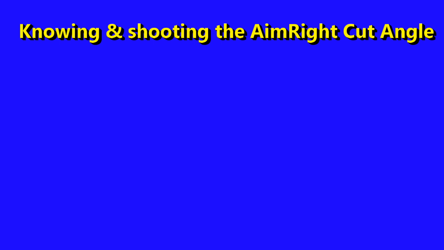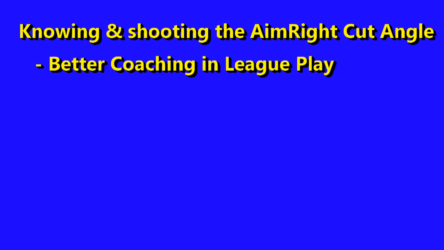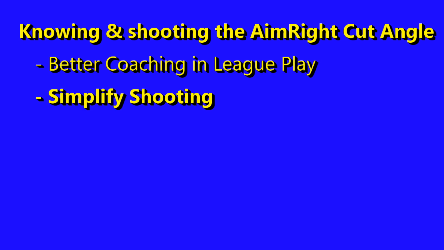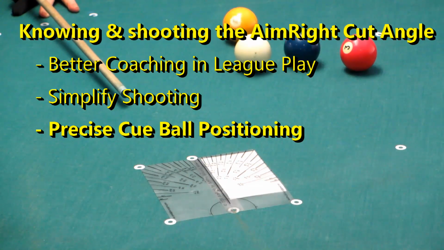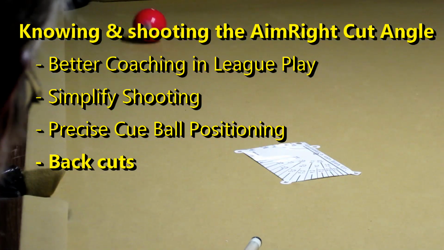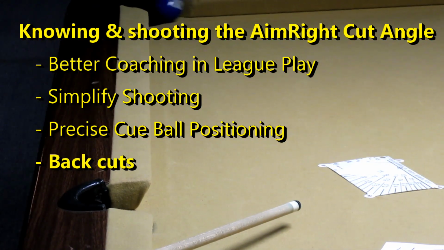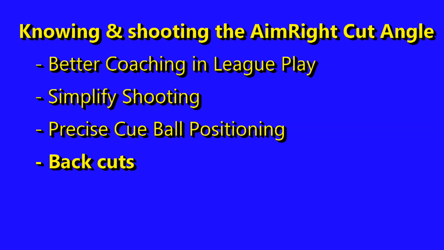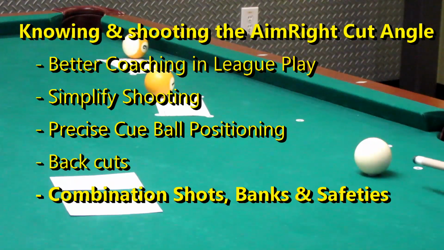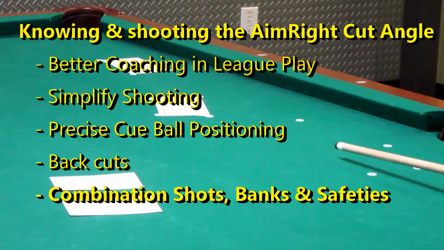We've seen the multiple benefits of knowing and shooting just the AimRight angles, including better coaching in league play, the ability to simplify shooting, and then be precise about cue ball position, and the ability to shoot back cuts accurately. And it's an aiming method that works for all shots, including combination shots, banks, and safeties.